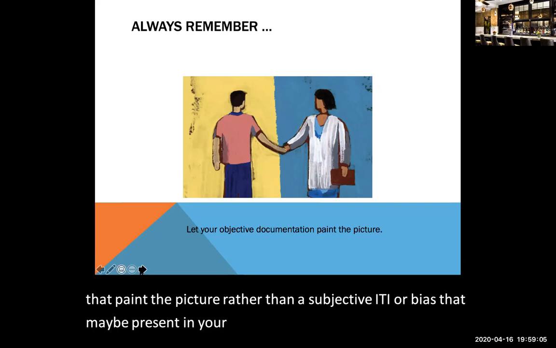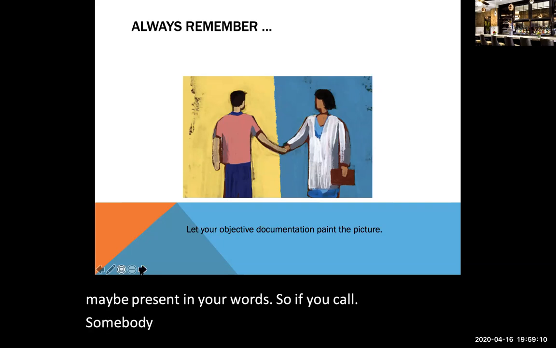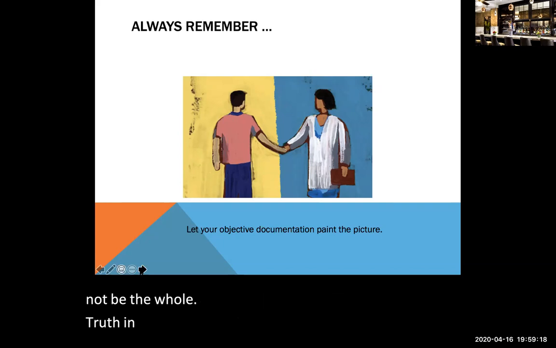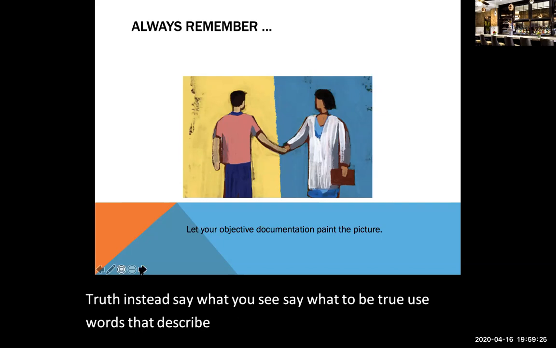So if you call somebody non-compliant, that is painting a picture that may not be the whole truth. Instead, say what you see, say what you know to be true. Use words that describe that can't be misinterpreted.